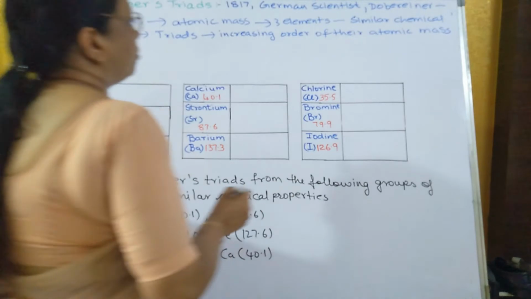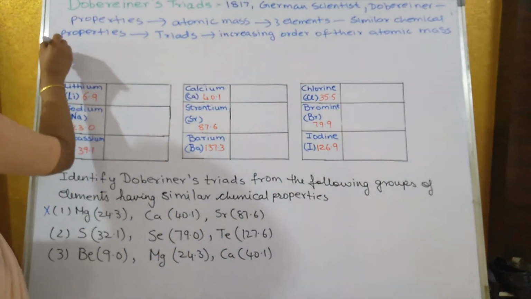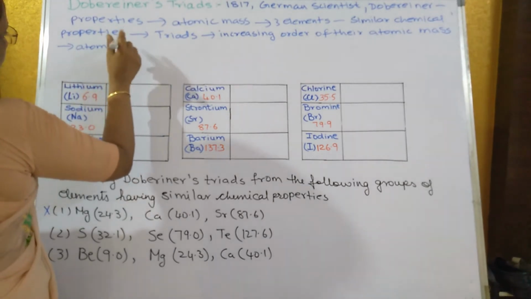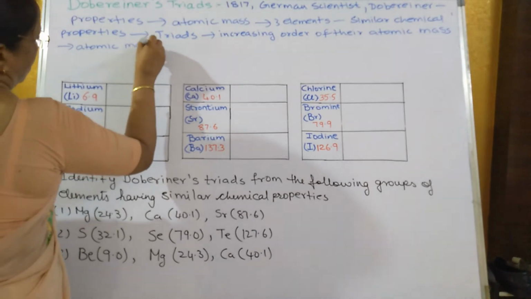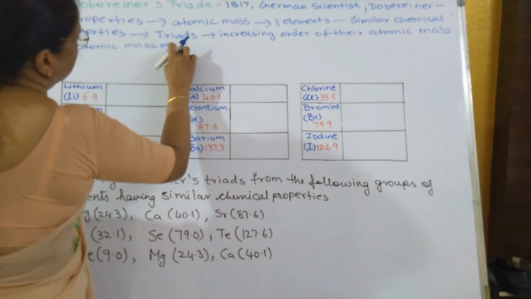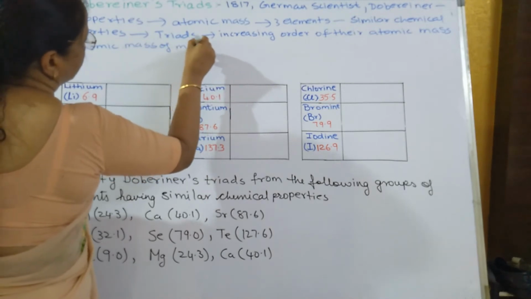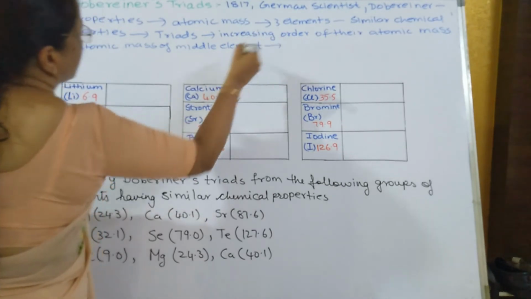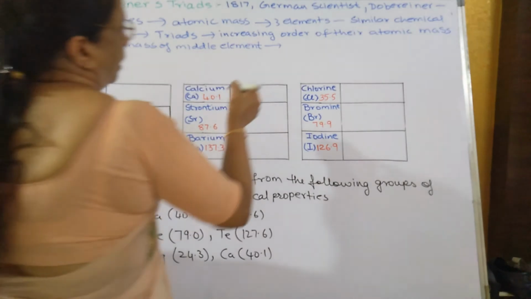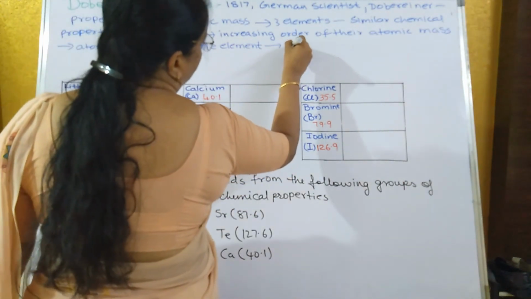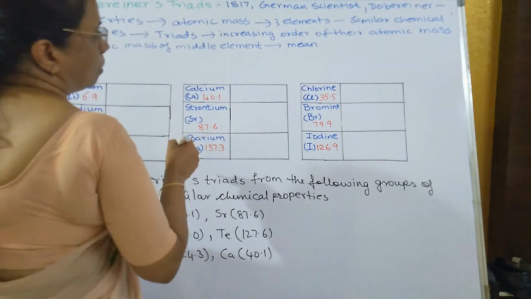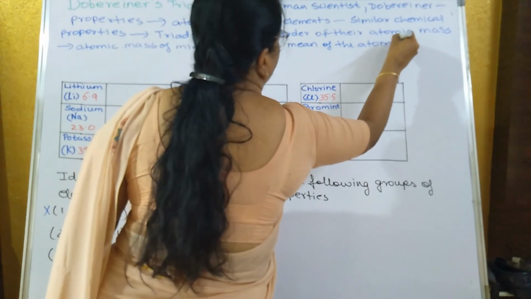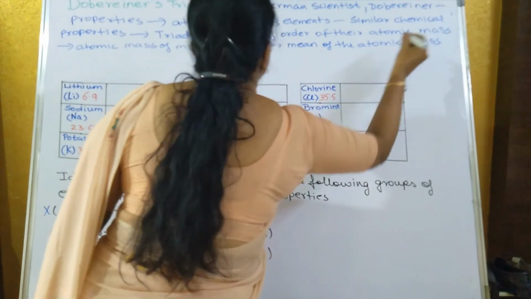And what he found when he arranged them in increasing order of the atomic mass, he found the atomic mass of the middle element, not third, of middle element, is approximately equal to the mean of the atomic mass of the first and the third element.